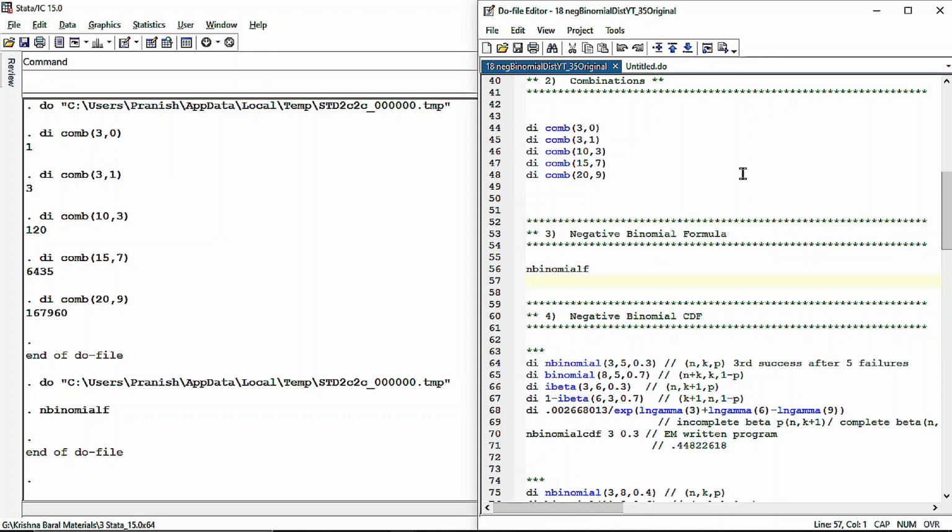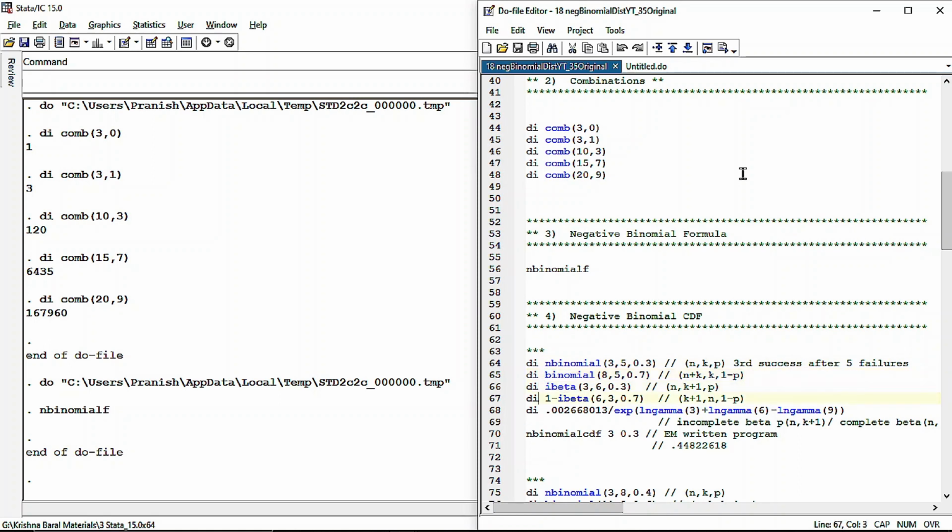Let us now calculate the CDF, cumulative distribution function, of the negative binomial distribution, and we have this formula. nbinomial is the Stata function to calculate the CDF of the negative binomial distribution, where the arguments are n, k, and p. So n is the nth success. We need the probability of getting the third success after 5 failures if the probability of success is 0.3, and we can calculate the same value with the help of the binomial distribution and the incomplete beta function.